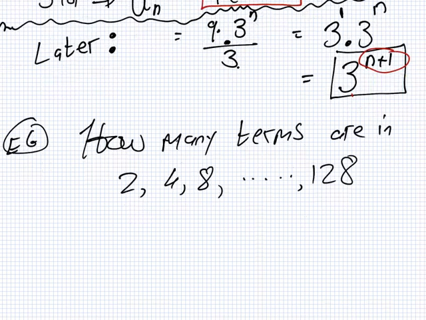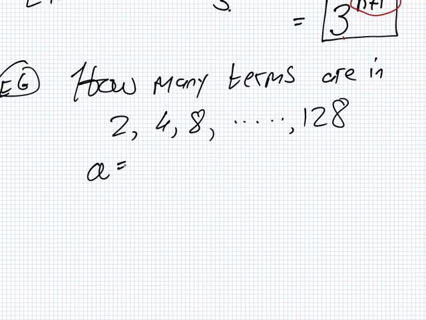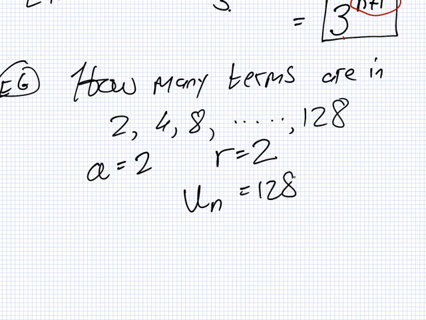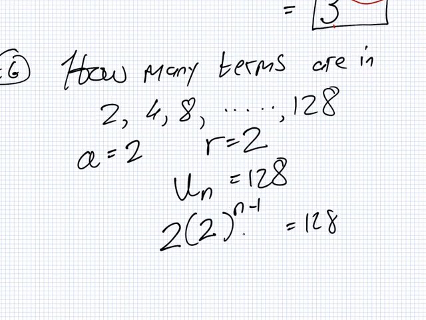Find A. Well, okay, first find A. A is 2 and r is 2. And then next, an equals 128. So that means a r to the n minus 1 equals 128.